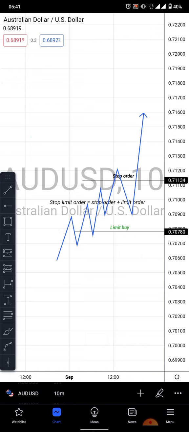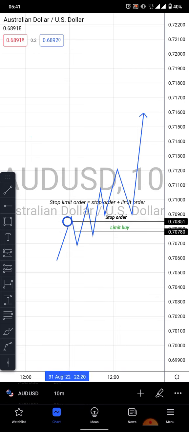Okay, so we have two types of stop limit order. We have stop limit buy and stop limit sell. Here I've explained the stop limit buy. Hopefully you'll be able to understand the stop limit sell, because it's just inversely related, right? If it's a stop limit sell, instead of the stop order being above the market price, you use a stop order to sell below the market price.